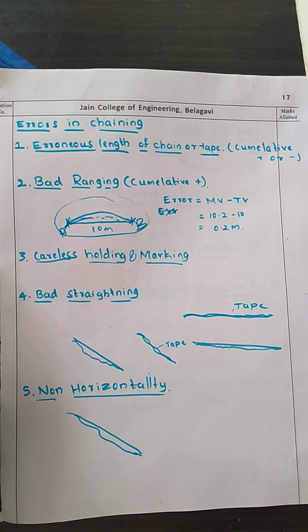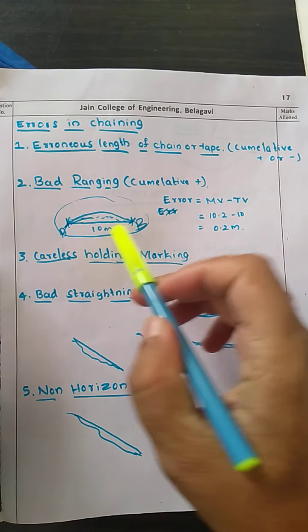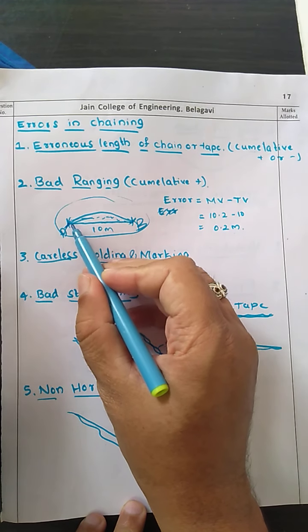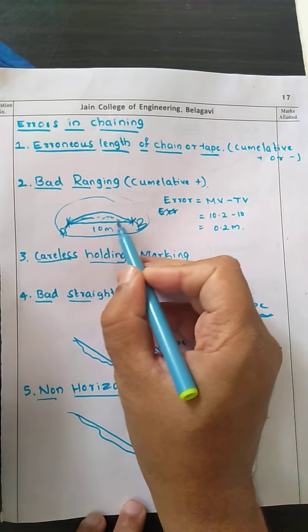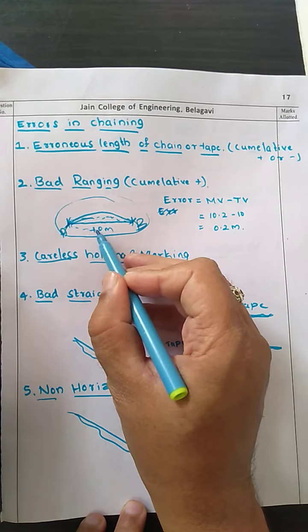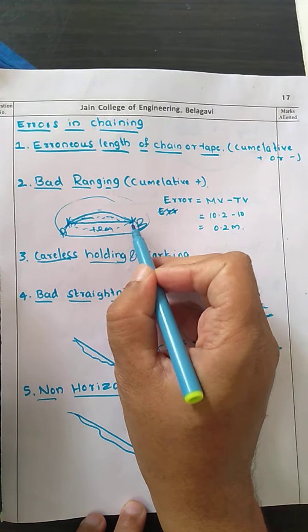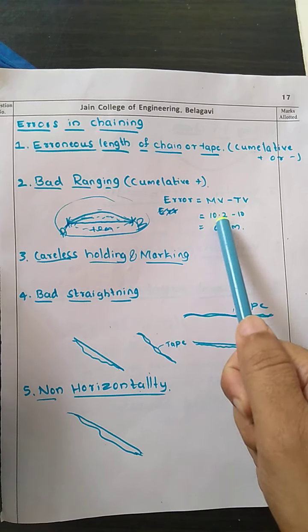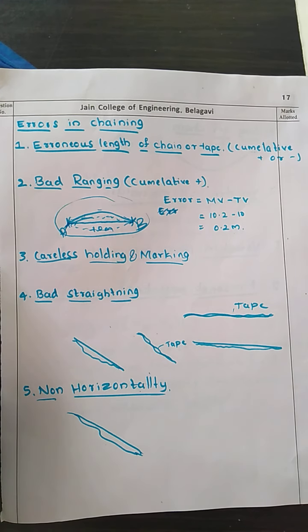If the chain is not straight on the line, and we measure like this or like this, the length of the tape or chain is going to increase, and the error, the measured value minus the true value, will always be positive. So this is regarding bad ranging.